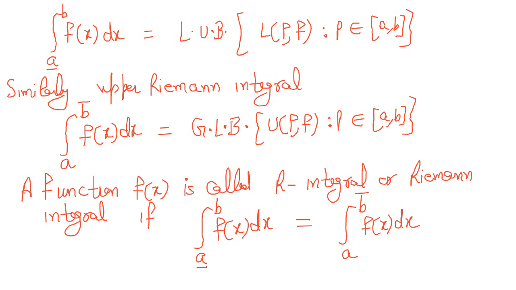Excuse me sir. Yes, beta. Sir, why have you put the dash below A and above B? This is only for the representation, that it represents the lower Riemann integral, and it represents your upper Riemann integral, nothing else.